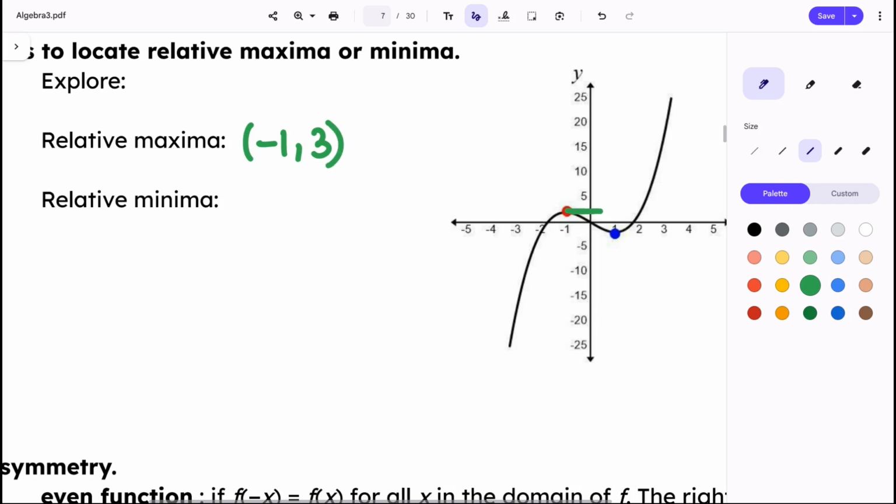And then how would you guys write the coordinate for that blue dot? -2 maybe? I agree. I don't think it goes quite all the way down to -3. I think it's a little bit higher or closer to the axis than that red dot is. Okay? But that's all you're really doing when they ask for max and min. You're just trying to describe those high-low points that you see.